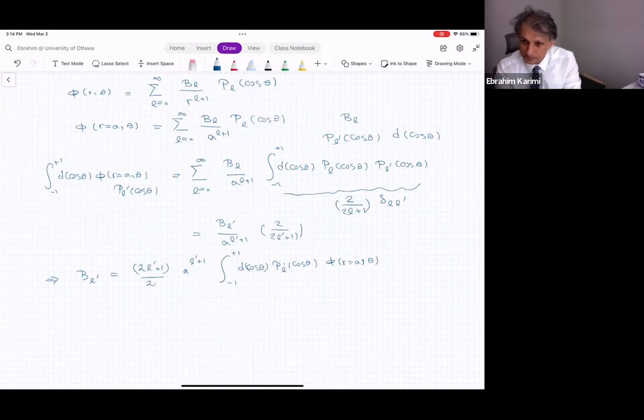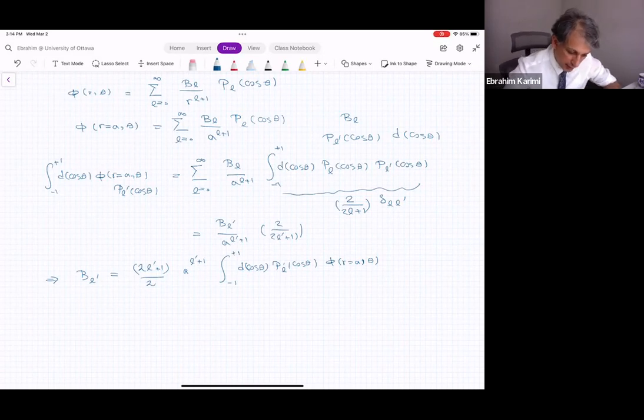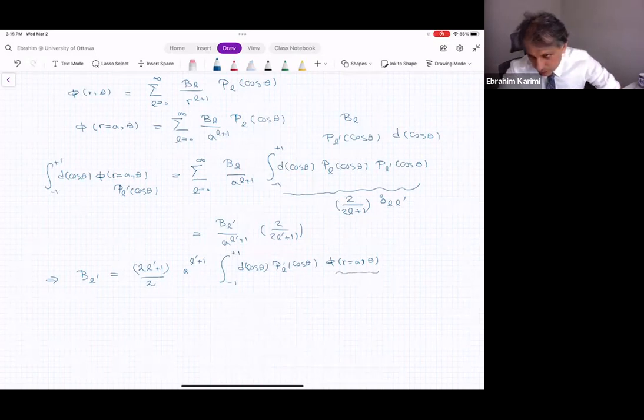Good. So now is the fun part. The potential, now we have to express it in terms of cosine of theta, right?